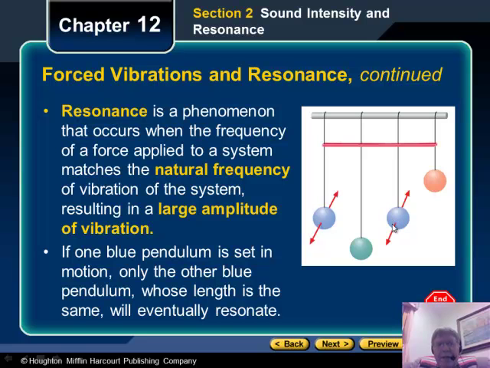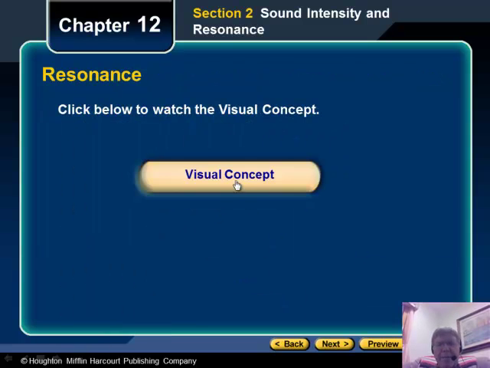If this was the original one swinging, this one will resonate. It will begin to vibrate back and forth almost as much as this one. These will not vibrate as much, and because their natural frequencies are different, they will tend to dampen out.